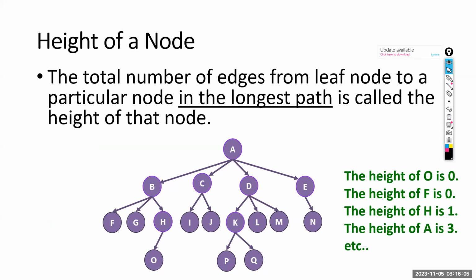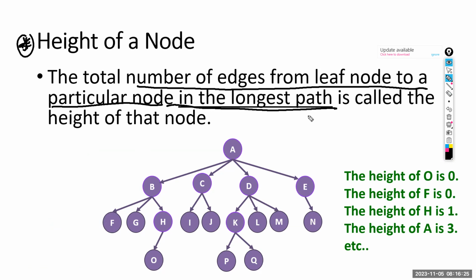So then we have the height of a node. This is a little bit tricky. The height of a node is the number of edges from a leaf node to a particular node in the longest path. For example, for this one, from the leaf there's nothing, therefore the height is 0.